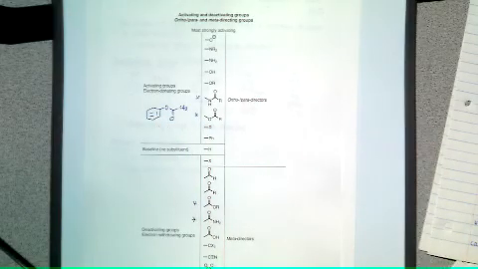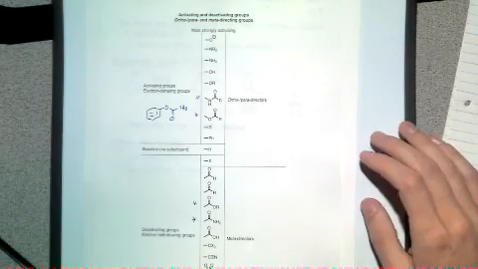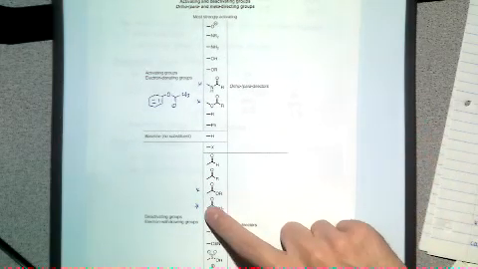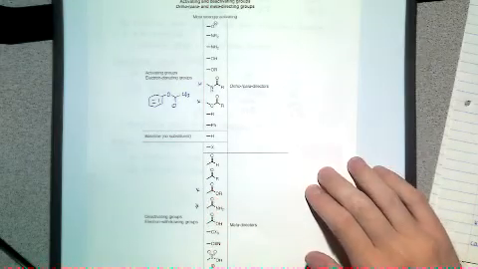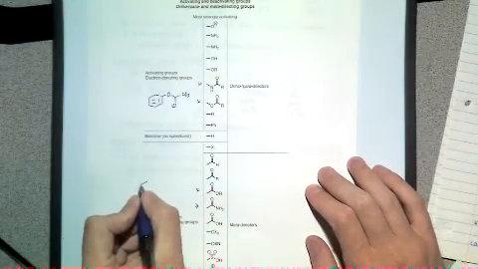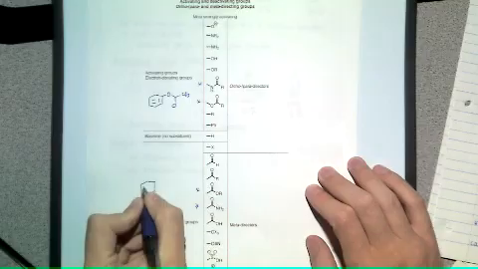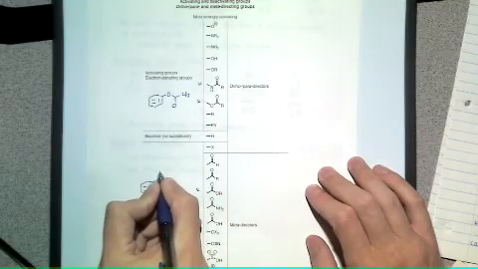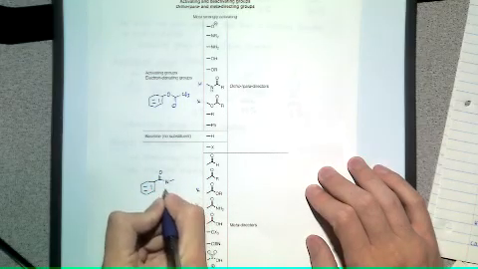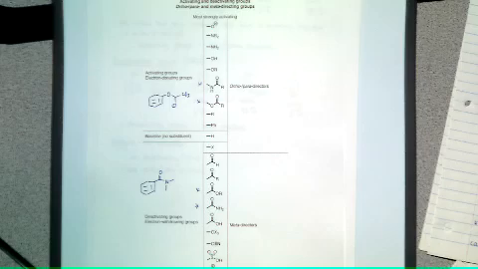On the other hand, if the carbonyl carbon is what's directly attached to the benzene ring, like that, then that's a deactivating group and it's a meta-director.